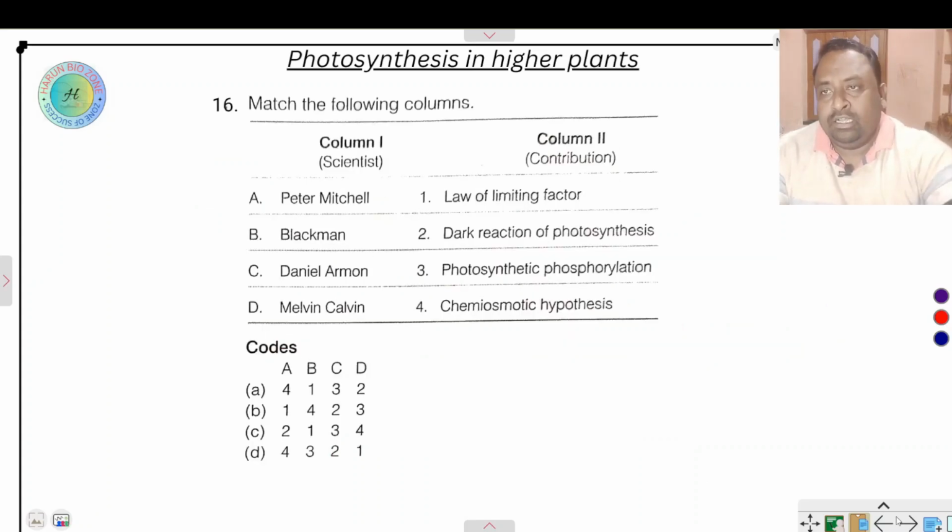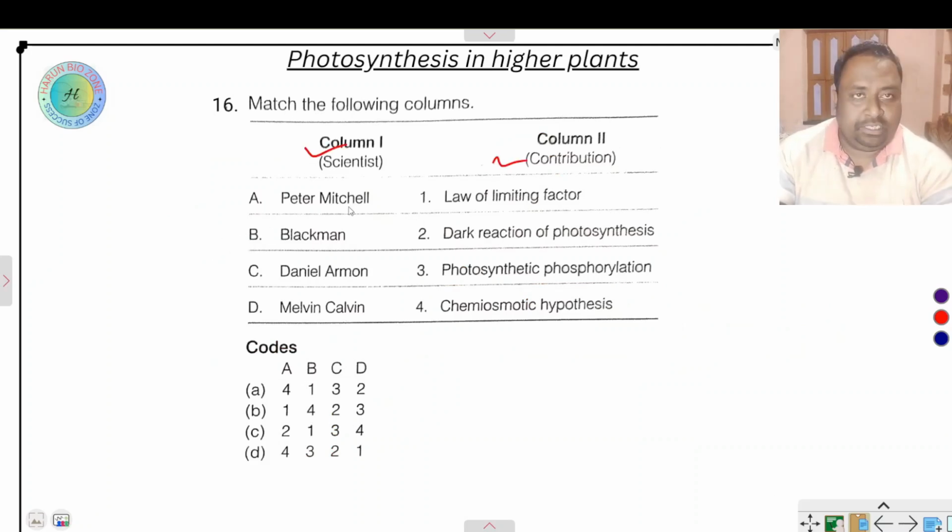Next question is match the following columns. So column 1 and column 2. Peter Mitchell proposed the chemiosmotic hypothesis. Blackman proposed the law of limiting factor. Daniel Arnon discovered photosynthetic phosphorylation, or this is called photophosphorylation.